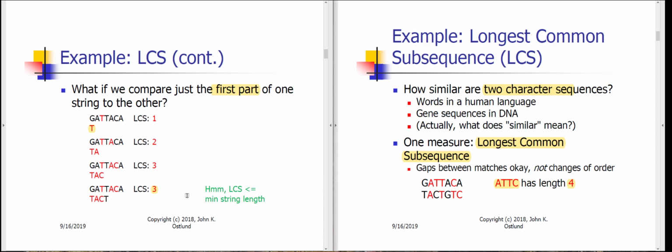And for whatever good this might do us, we'll just observe that the longest common subsequence has to be less than or equal to the minimum of the length of the 2 sequences of symbols.